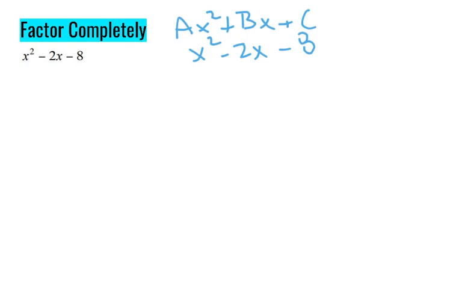So technically when we're looking at our x squared value here, there's technically a number right there, and the only time we don't write it is when it's a 1. So if it's helpful for you, go ahead and write that 1 in the problem. And then from here we can tell that our a equals 1, our b equals negative 2, and our c equals negative 8.